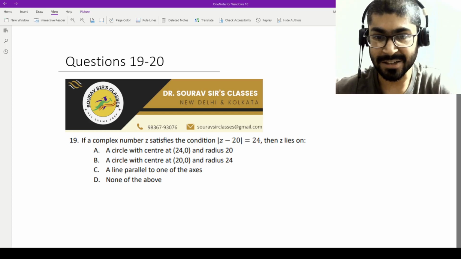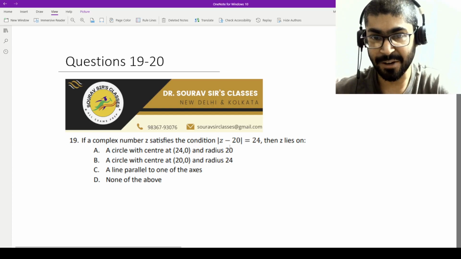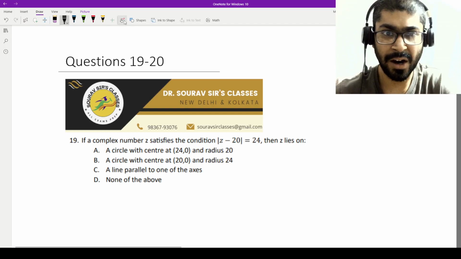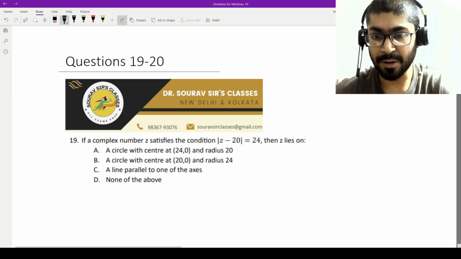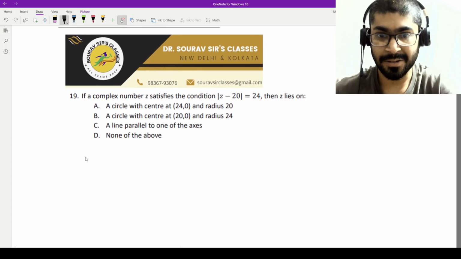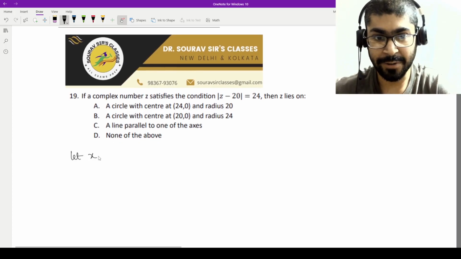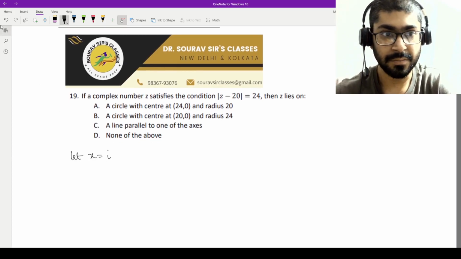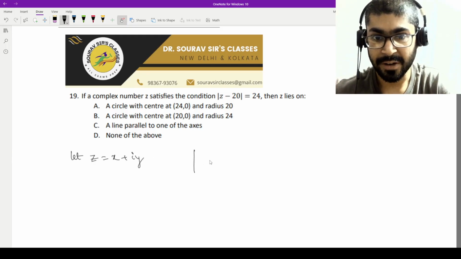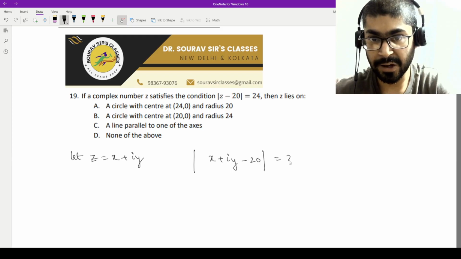Question 19 says if a complex number satisfies the condition |z - 20| = 24, then z lies on. Even if you are not that comfortable with complex geometry, you can just put the values and check here. Let z = x + iy. Then you have |x + iy - 20| = 24, right?